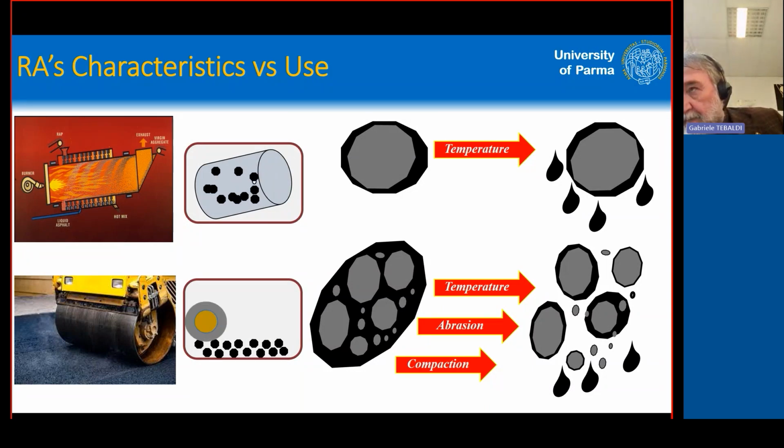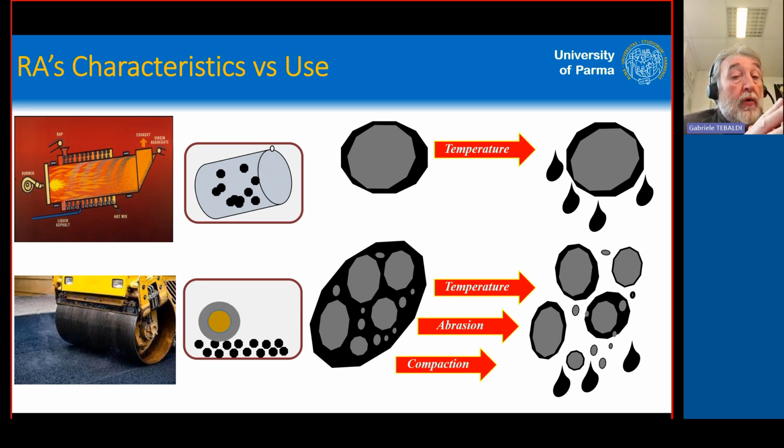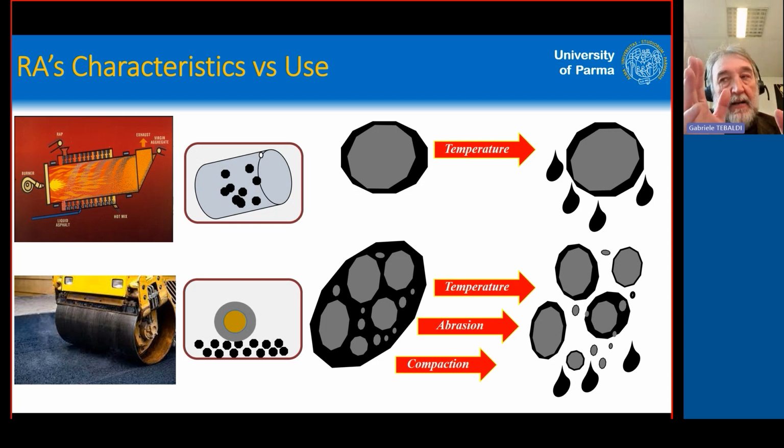How can all this list of variability impact the characteristics of our reclaimed asphalt in function of the use? As I said, we focus our attention on hot recycling. How do we make the asphalt mixture with RAP in hot recycling, following the hot recycling technique?